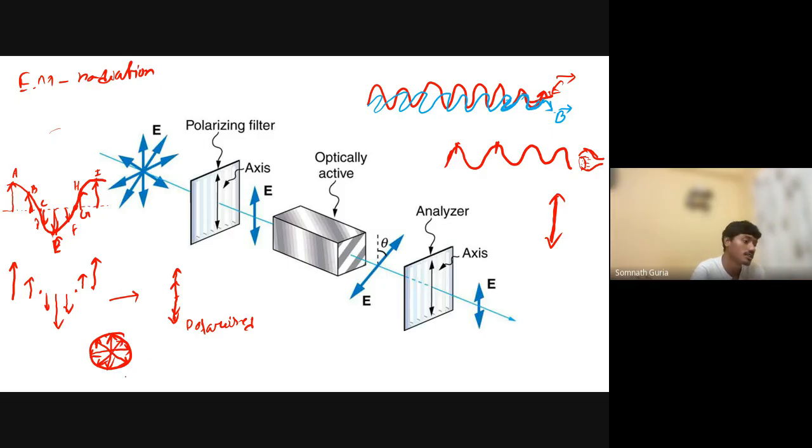More interestingly, this is the unpolarized light, and then polarized light. Whenever we pass it through a crystal, which we call a polarizer crystal, we get polarized light.